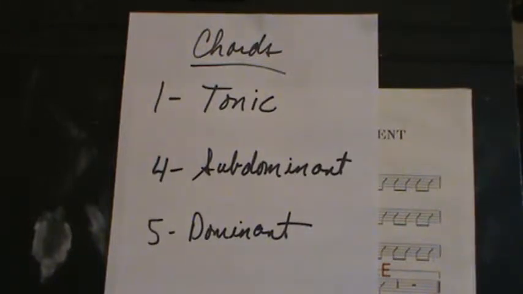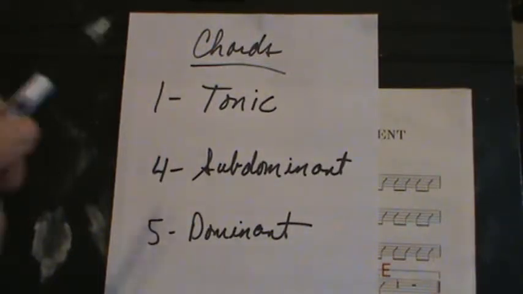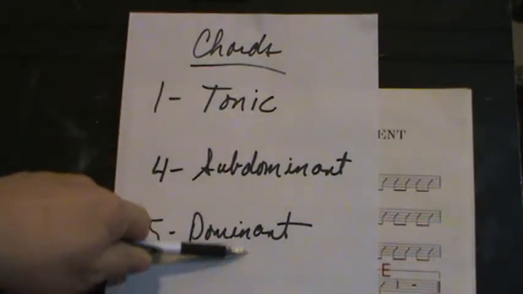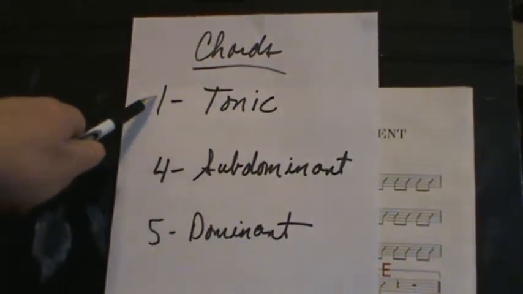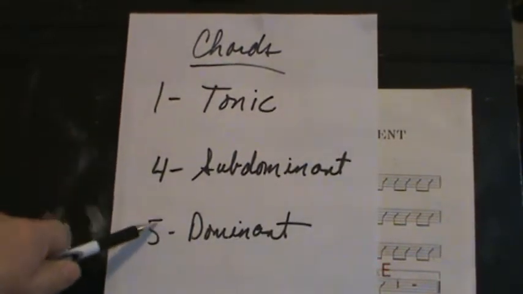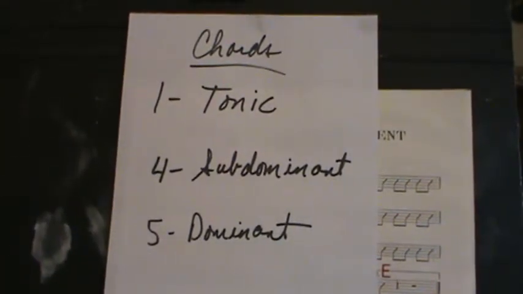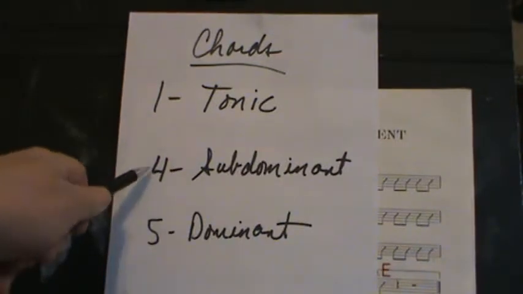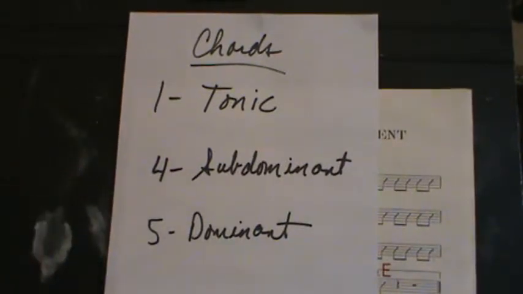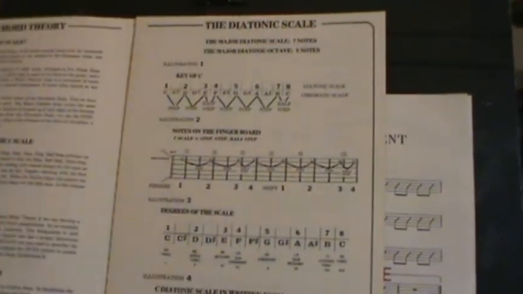You don't really have to worry about these three words here. What you really want to focus on is 1, 4, and 5 in finding your chords for a 12-bar blues progression. I'm going to explain how to do that. Remember, 1, 4, and 5. A little musical theory here, nothing rocket science.